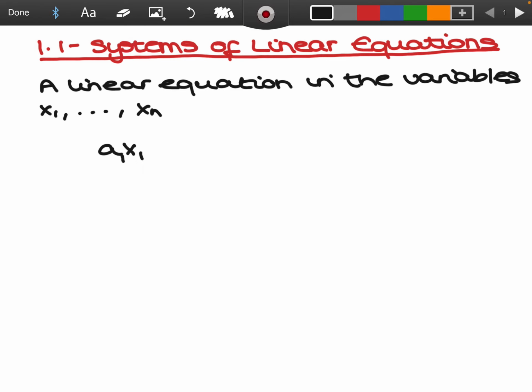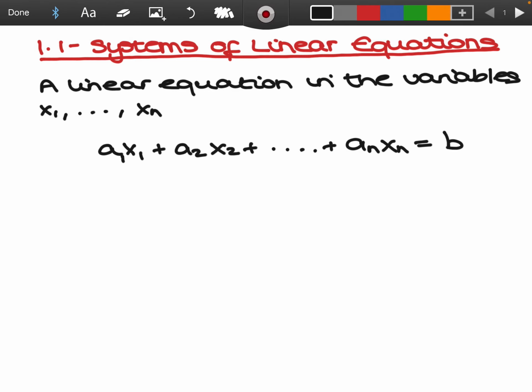I'm going to call it a1 x1 plus a2 x2, all the way up to an xn is equal to b. So here we're just taking a linear combination, as we'll see later on, a linear combination of x1 through xn. So it's a constant a1 times x1 plus a constant a2 times x2.